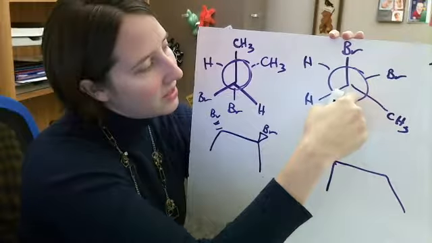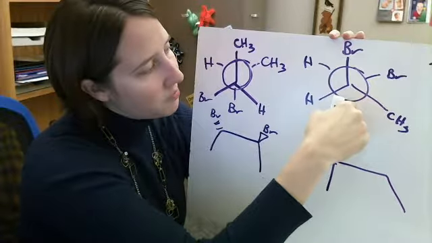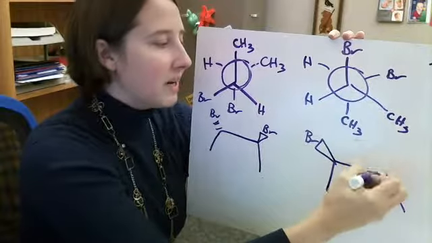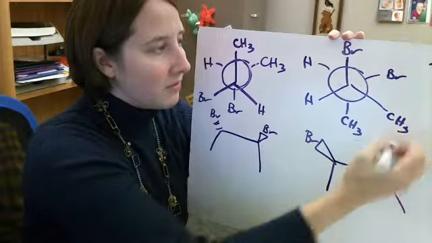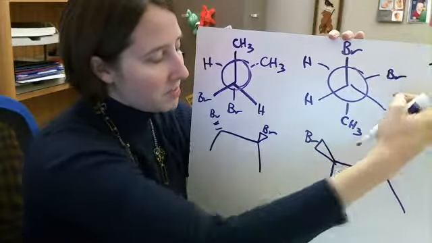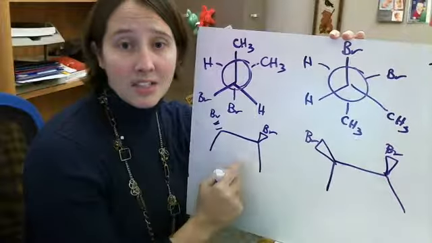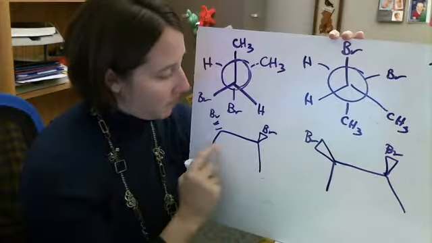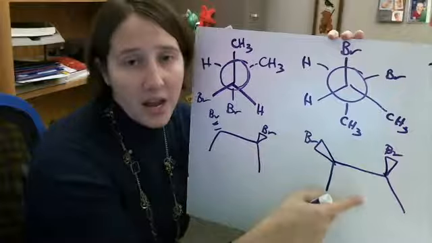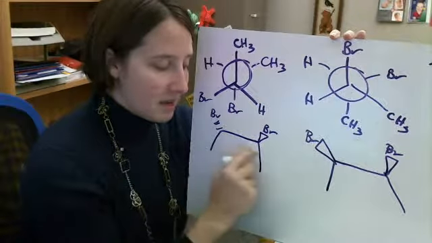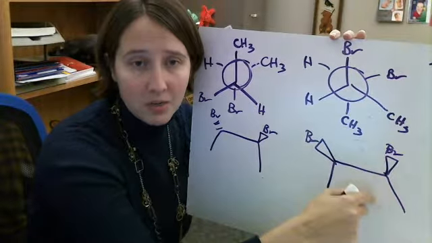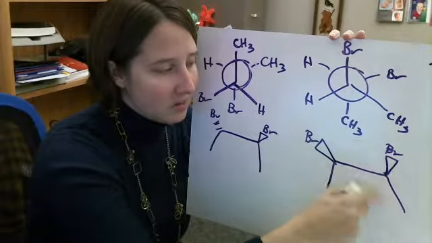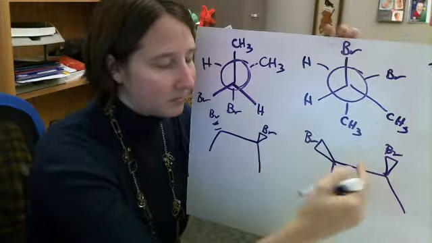And then on this one, in the back, I have the bromine coming down. And again, the bromine is coming out at me if I look at it from this perspective. And you can see here that these are definitely diastereomers. This one has them trans, this one has them cis. But I have to look at them with the same carbon background if I'm going to summarize those, because of course they can spin around.